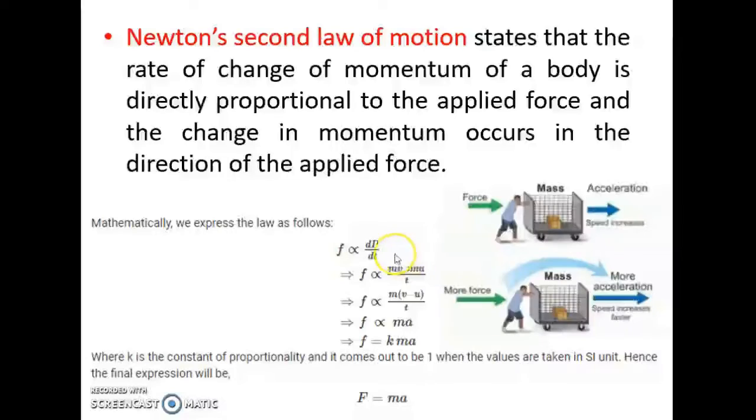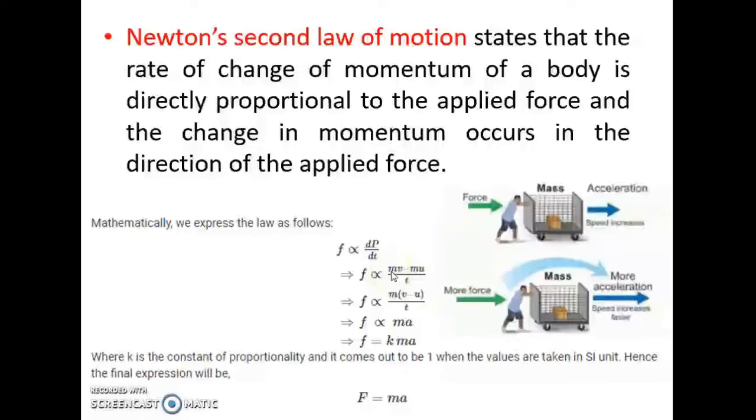So change in momentum will be final momentum minus initial momentum. So final momentum is given by mass into the final velocity, which is denoted here as v, and initial momentum is mass into initial velocity, which is u. So change in momentum will be m into v minus m into u.